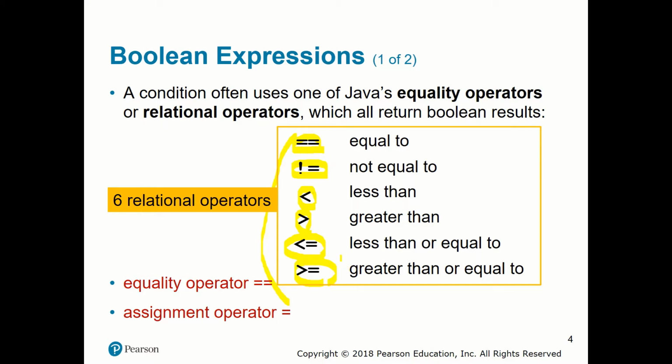You must be careful when you use the equal sign. If there is only one equal sign, it means assignment. For an equality check, you must use two equal signs. So if you want to see if two data have the same value, you must use these two equal signs. This is the equality operator.